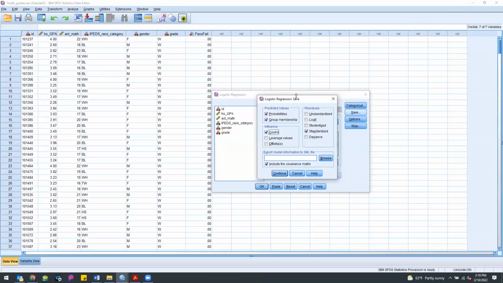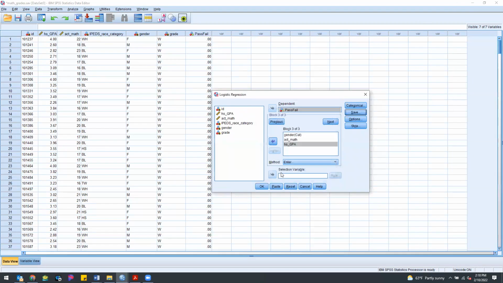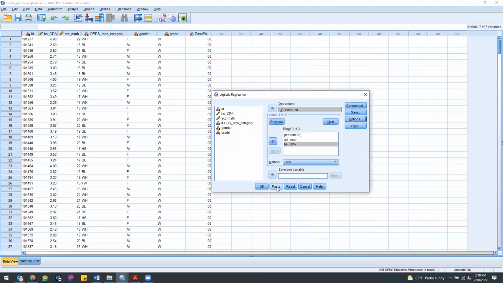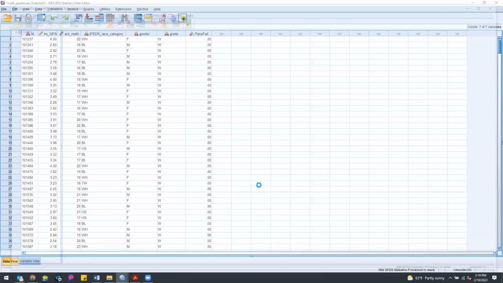So that's why we're going to save both of those. And then hit continue. And go to options just to see if there's anything we might want. We can do classification plots. And then hit continue again, and then paste if you want to save your syntax, or OK.